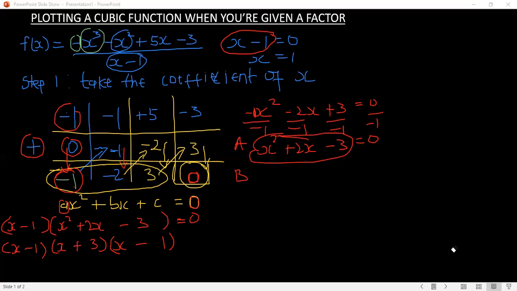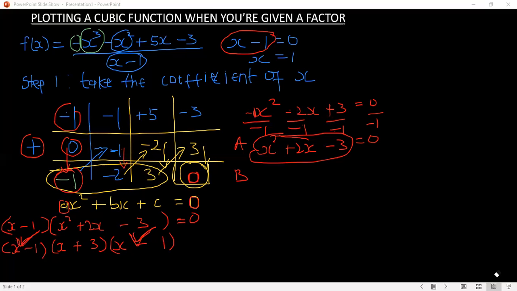Therefore, as you can see, when you have two factors with the same x values, that simply means something about your function, and I will show you what it means as the video goes on.